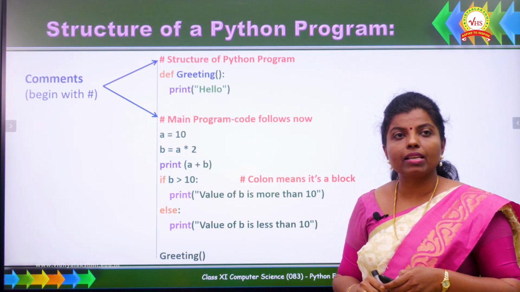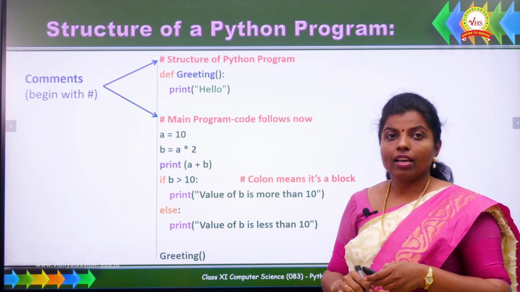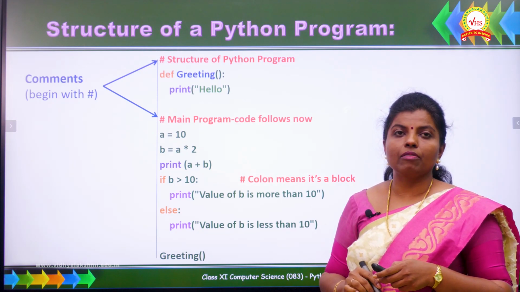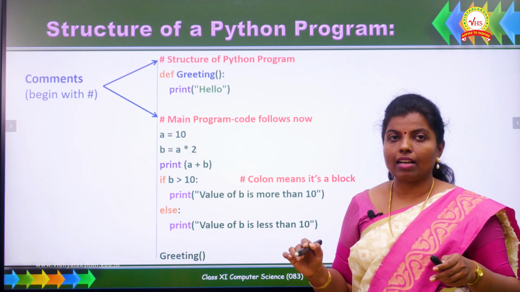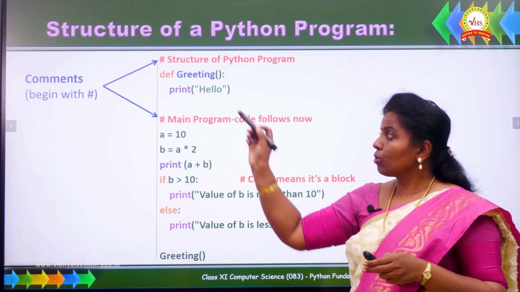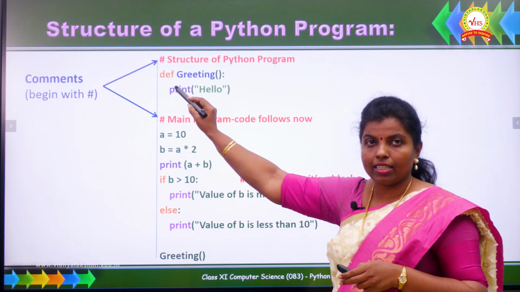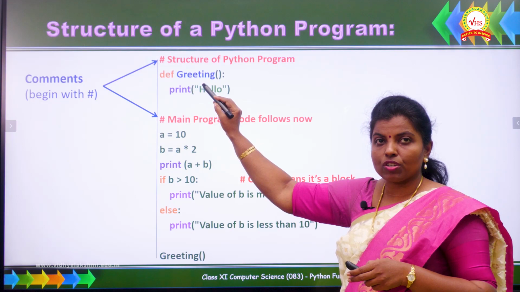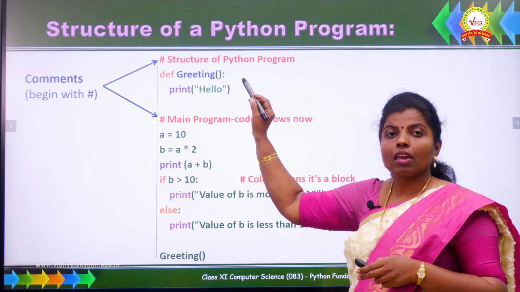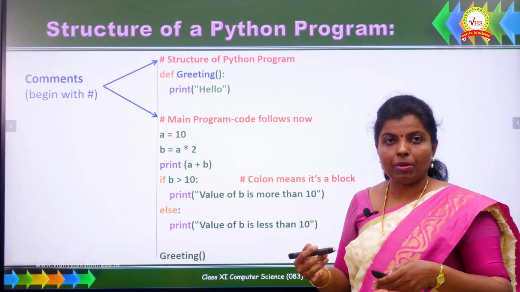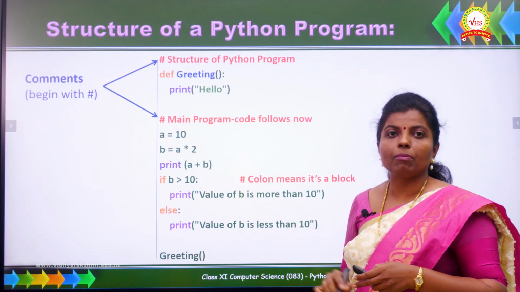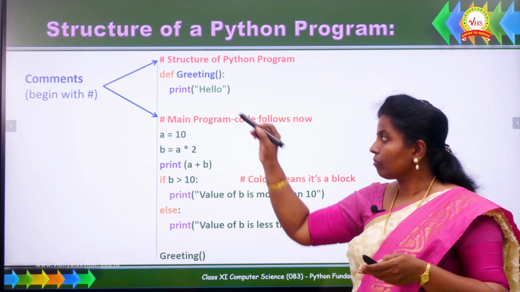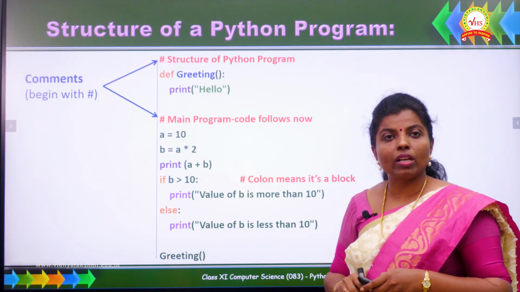The next statement begins with the keyword def. If a statement begins with the keyword def, that statement is referred to as a function header. The function header starts with the keyword def followed by the name of the function followed by parentheses. If the function takes parameters, the list of parameters will be given within the parentheses, otherwise the parentheses will be empty, followed by a colon at the end.